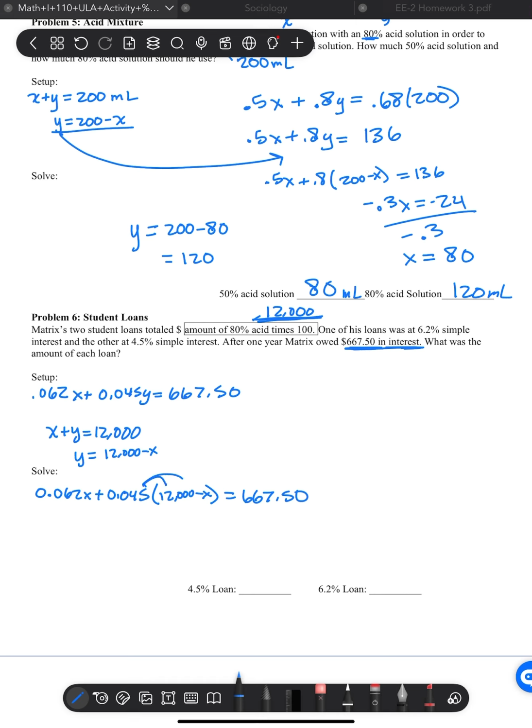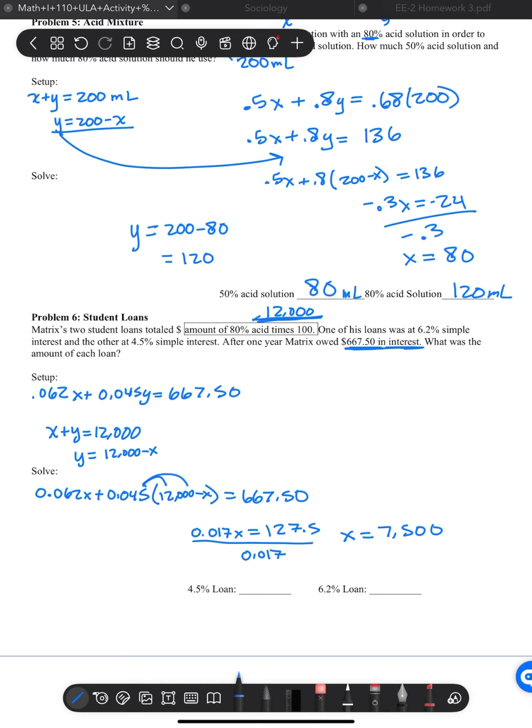From there you're going to distribute, and then it simplifies to 0.017x equals 127.5. That is going to simplify after dividing by 0.017. We have x equals 7,500.